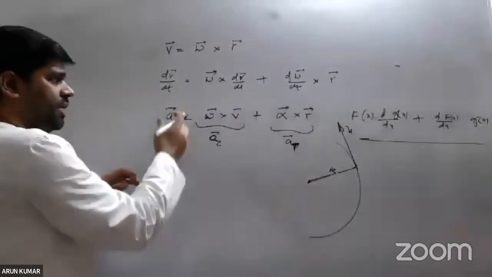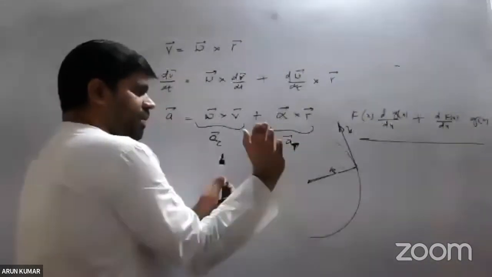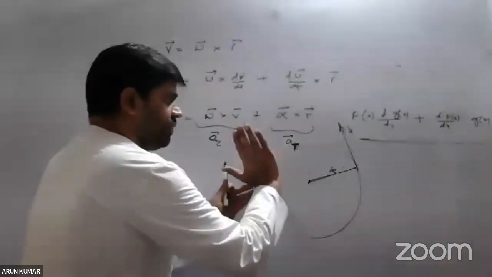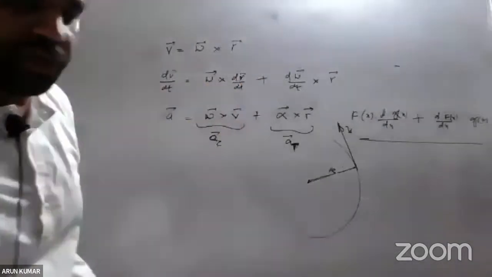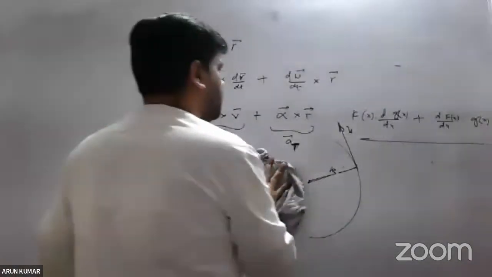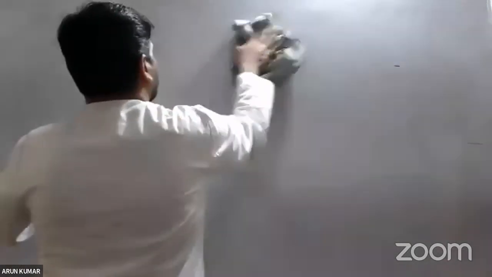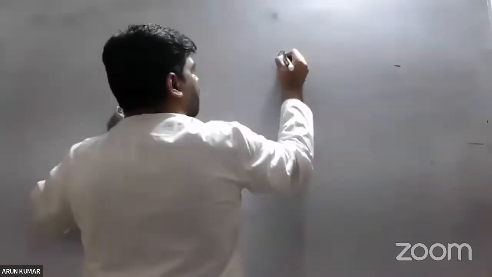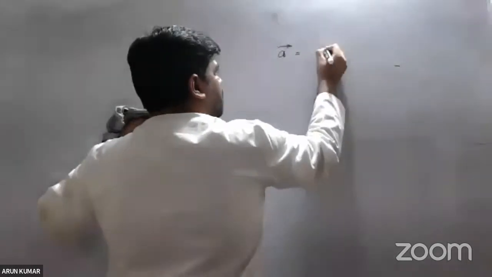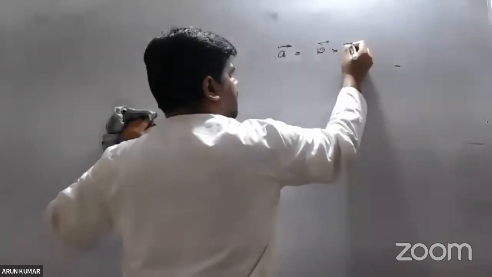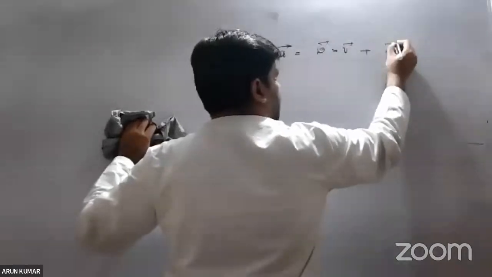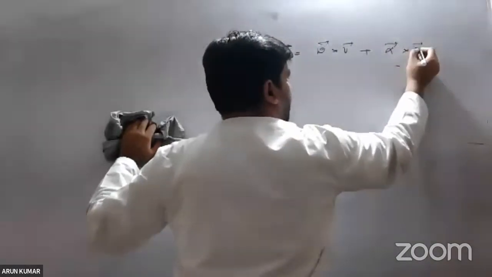Let's see what centripetal means. Now let's see how omega cross v looks. Omega is upward, cross v. Okay, I'll erase this and draw it properly. So a bar is omega cross v bar plus alpha cross r bar.